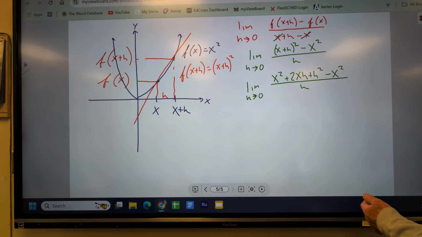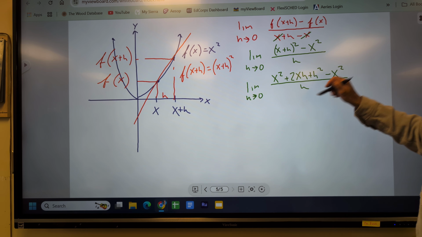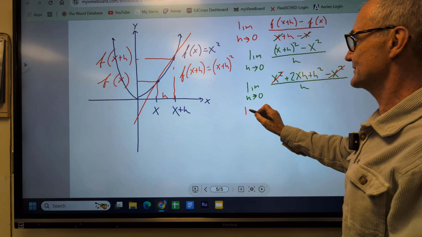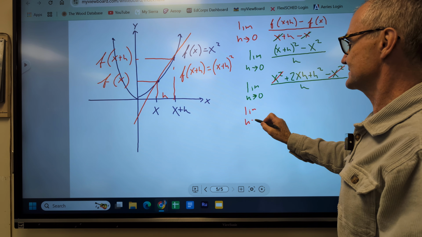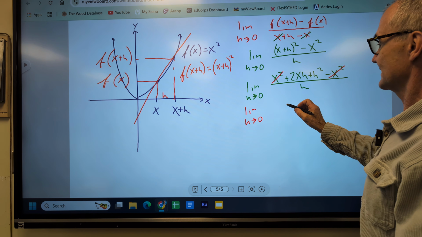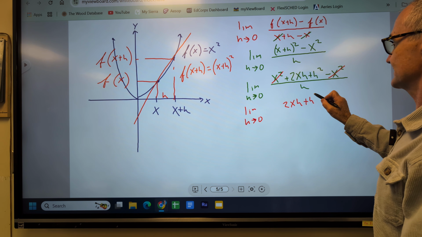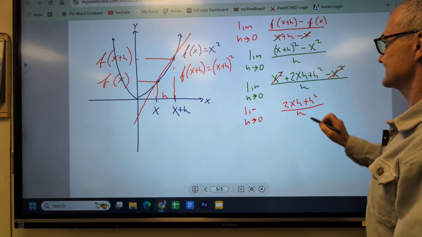Now that I have that, I'm going to simplify a little bit here. So I have x squared minus x squared. So it's the limit as h approaches 0 of 2xh plus h squared all over h.